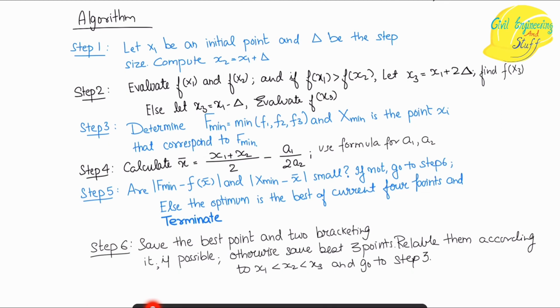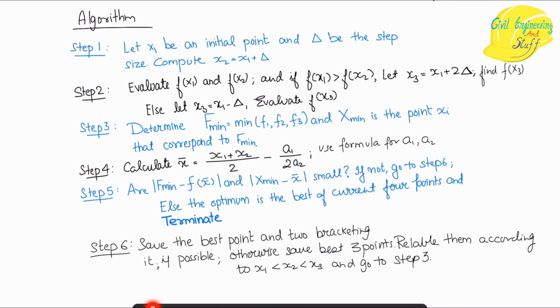Small means that the value after one decimal place is coming as 0.something, or 0.00something, or that after successive iterations the value is no longer increasing. If the value is small, we have found the optimum value and we terminate.